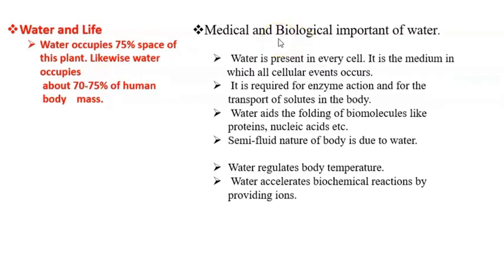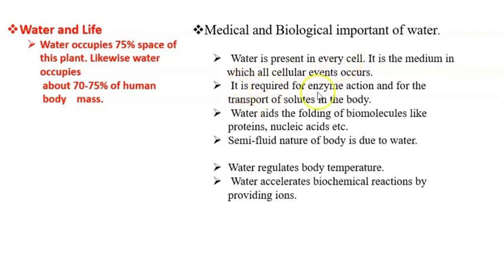So, if body fluid is in much greater abundance than solid in a human being, then what is the medical and biological importance of this body fluid, or of water in the human body? One, this water is present in every cell, so it is the medium in which all cellular events occur. This means there is no biochemical reaction within the cell that does not happen in a fluid medium.